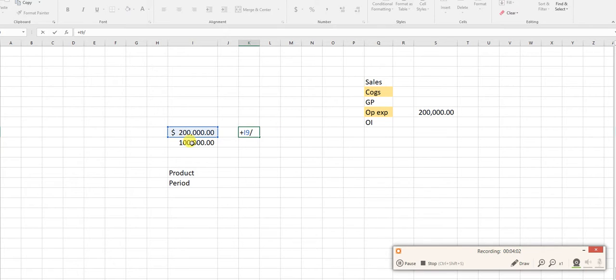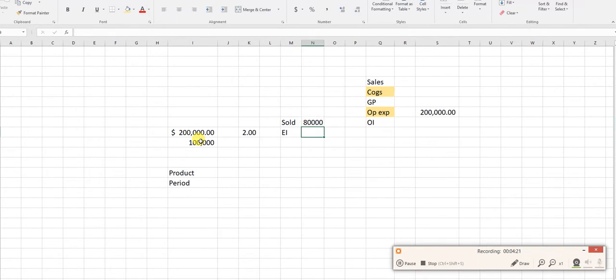I made 100,000 items, so I'm going to get $2 per item. Now the question is, how many did I sell? Inventory is either sold or not sold, and if it's not sold, it's ending inventory. Let's say of the 100,000 items, I sold 80,000, and therefore I didn't sell 20,000.